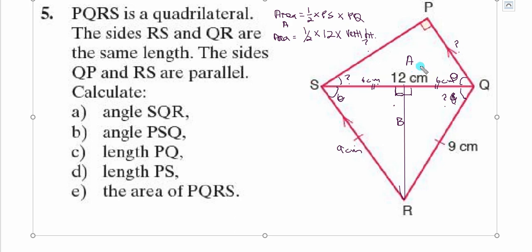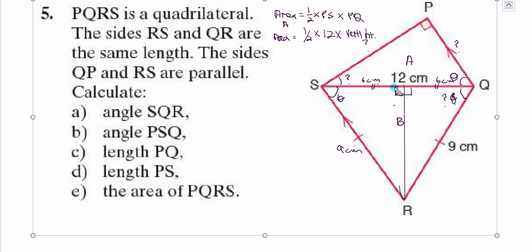Okay. So what we're going to do is look at the other triangle. The other triangle seems to have more information. You have this 9 cm, you've got this 12 cm, and if you have a vertical line down from the vertex of the isosceles triangle, then this becomes the vertical, splitting the base 12 cm into two equal lengths, which is 6 and 6. Okay. Now let's look at the triangle over here.